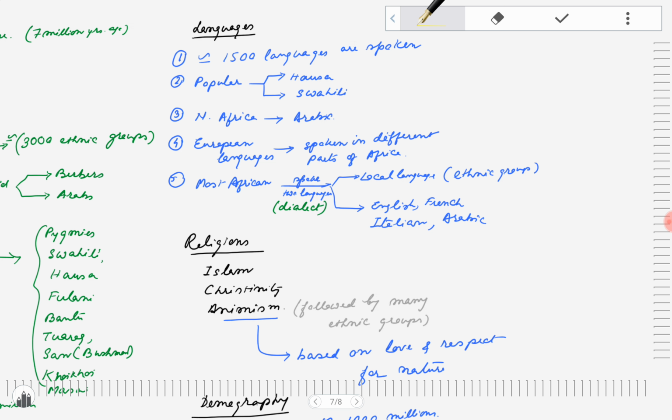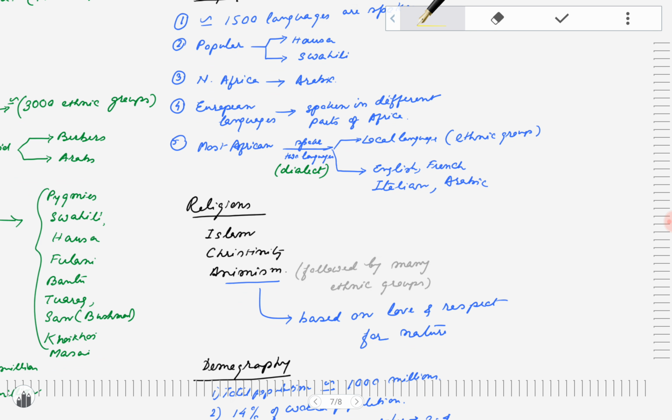The most popular languages used by the people are Hausa and Swahili. In North Africa there is Arabic, and European languages are spoken in different parts of Africa. Most Africans speak two languages: their local dialects used by the ethnic groups, and English, French, Italian, or Arabic.